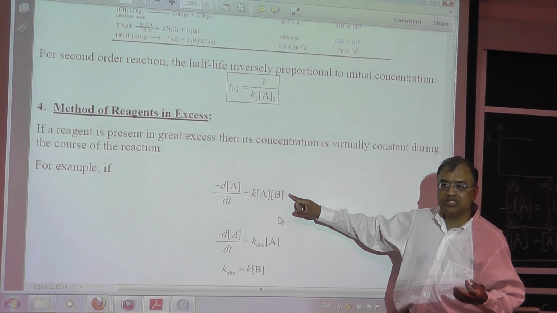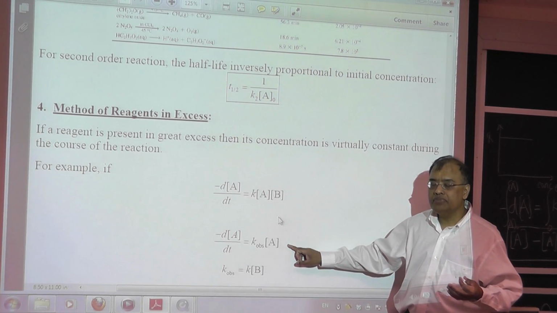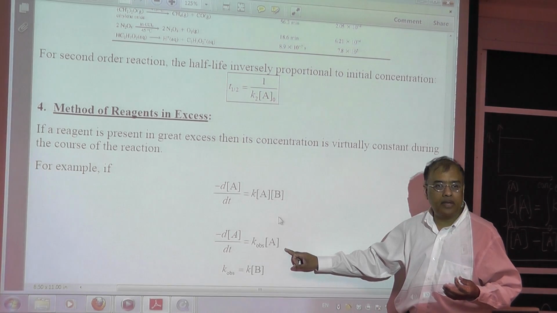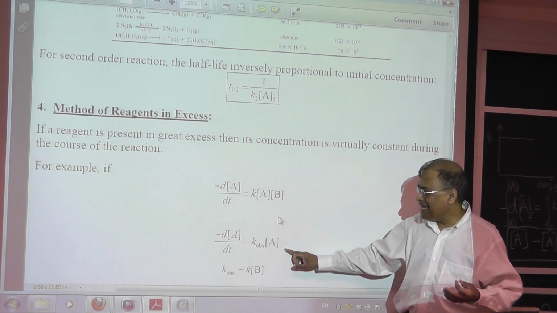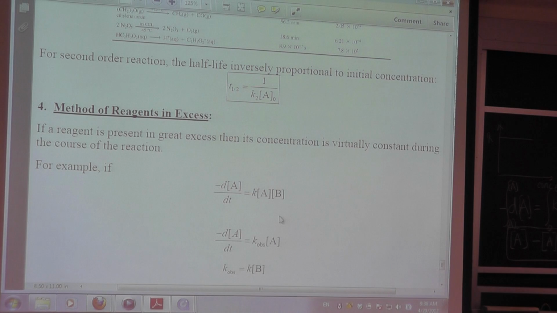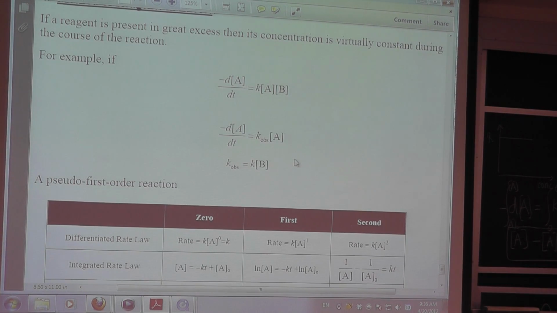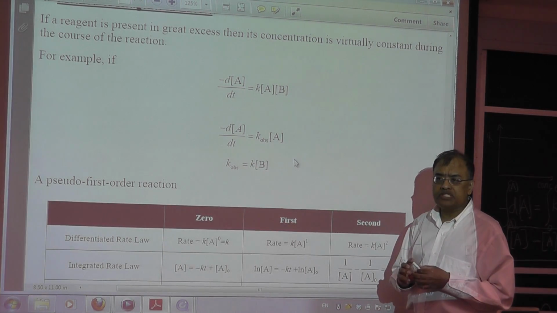This is the true reaction kinetics, but you've manipulated it in such a way that you have simplified the problem, and now you can determine K observed, the new rate constant, and from that you can determine the kinetics of the process.